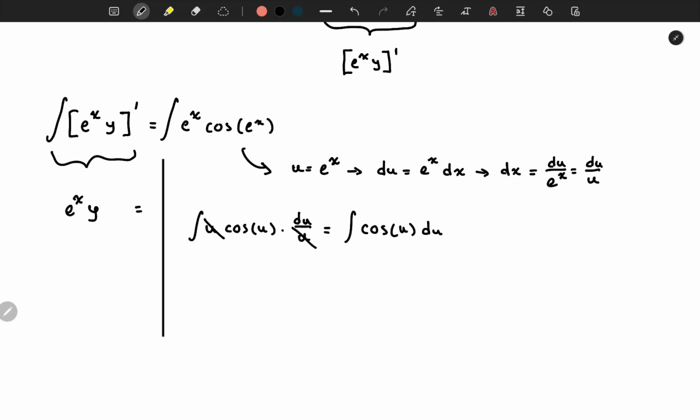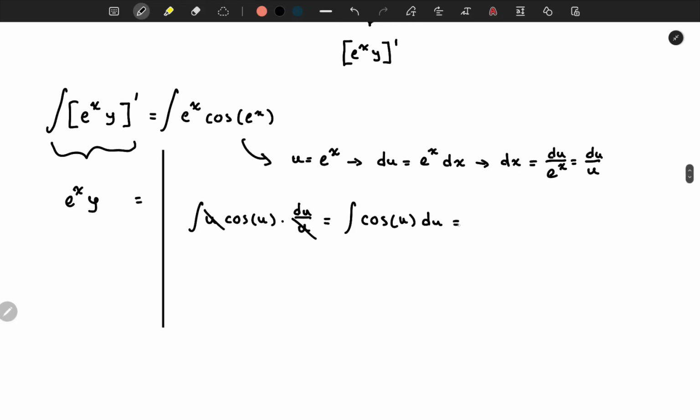And this is a very simple integration, very basic. This is just equal to sine u, and so we can undo our u sub now, and that's equal to sine e to the power of x plus c. Bam.